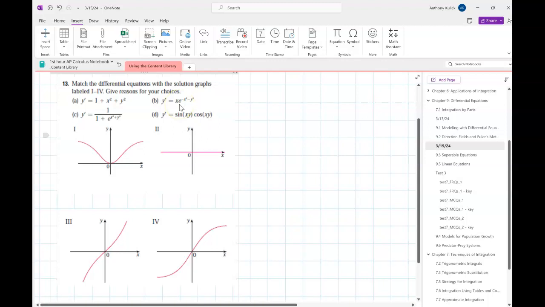So let's see here for a moment. What's going to be the best way of telling the difference here?